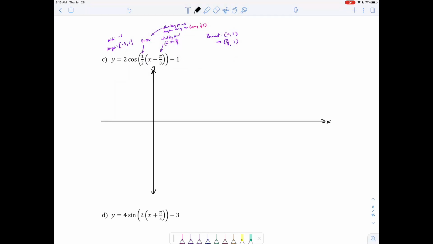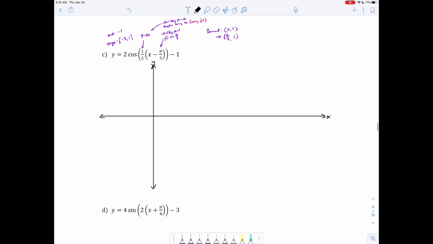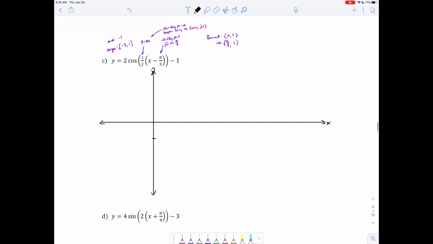That's my y, that's my x. For my vertical scale, we're going from -3 to 1. So there's 1, there's 2, there's 3, there's 1. For my horizontal scale, I mentioned that I'm just going to go every pi over 3. So that's 1.